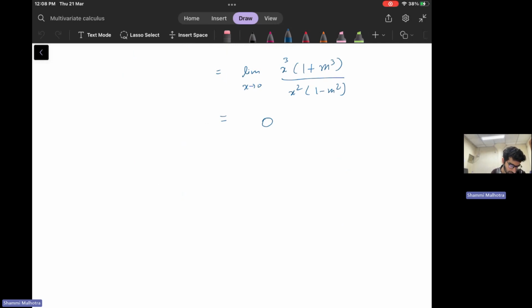I will take a specific path, and the path I'm taking is y equal to x into (x plus 1).